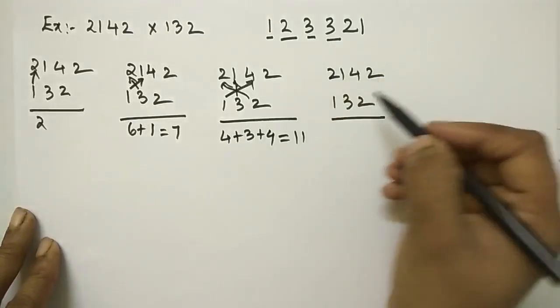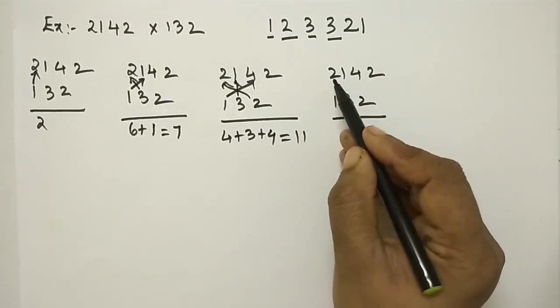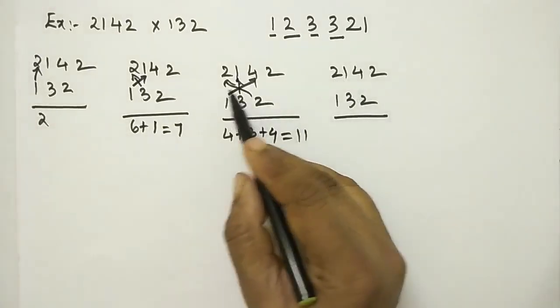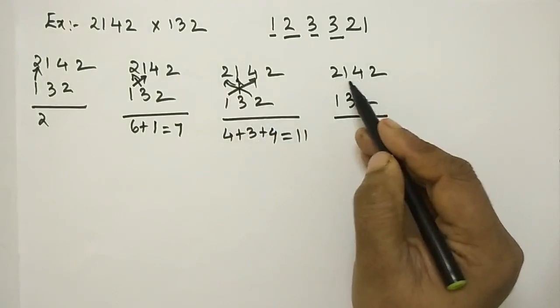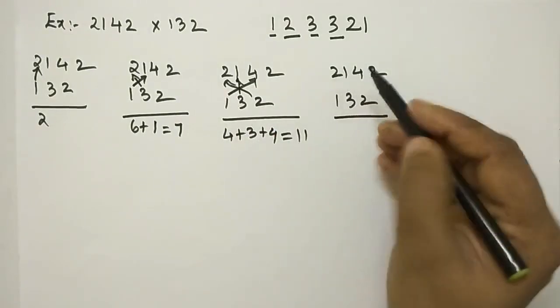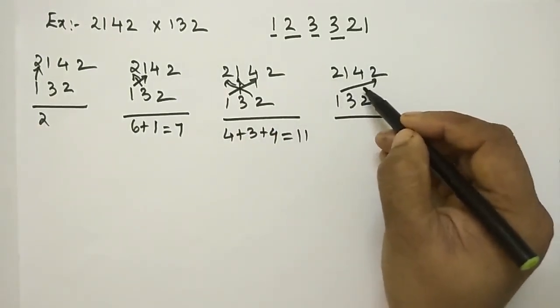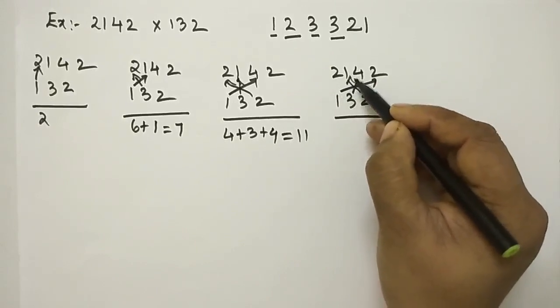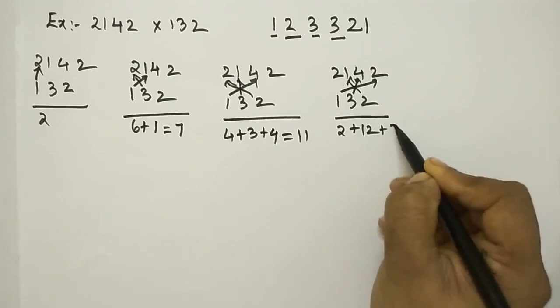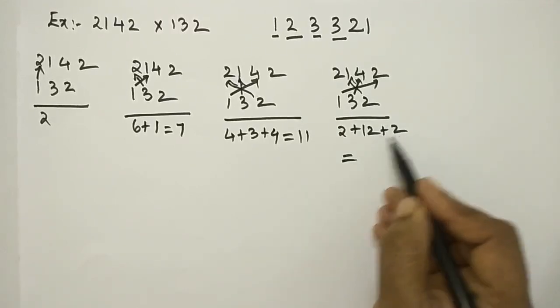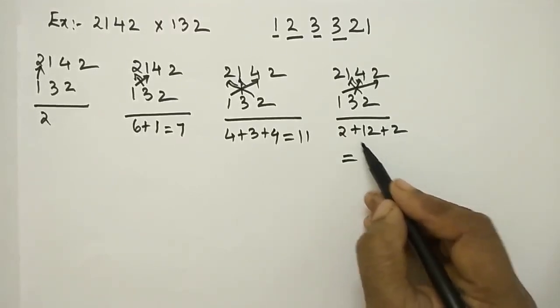Here the pattern is 3. As we have completed multiplication of these 3 digits, next you have to go to these 3 digits. Leave here 2. Multiply 1 into 2, 2 into 1 and 3 into 4. You will get 2 plus 12 plus 2. This is nothing but 16.